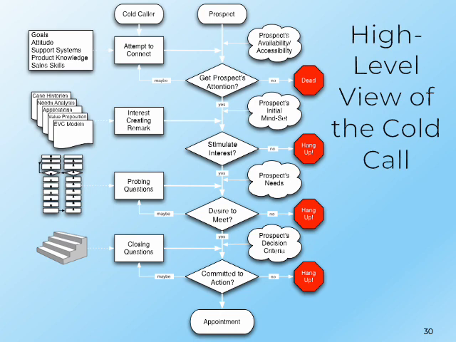There are also some things you need to do in order to come up with an interest-creating remark that won't get you hung up on right away. These are the prerequisites we talked about before, where you work out the proper positioning of your product for the cold call, which we'll also go over. We then have to have a call planner that we're going to take you through to help you write your script elements. This is a process or a model of how to ask the right questions that you can customize so that you can get your prospect to convince herself that she wants to meet with you.